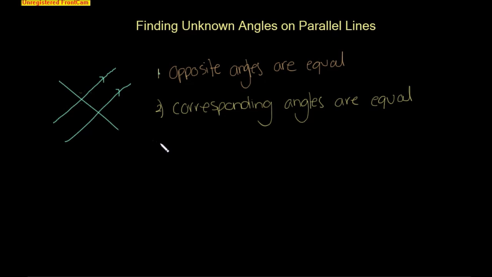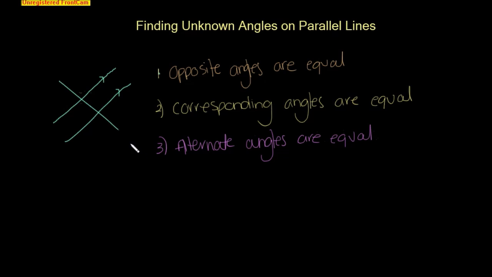So our third rule we can use is that alternate angles are equal. By alternate we mean in opposite sides or positions. So if we have this angle here, which is tucked underneath one of the parallel lines and to the right, then its alternate would be here, which is above the parallel line and to the left.